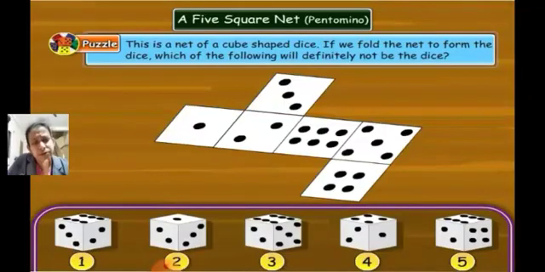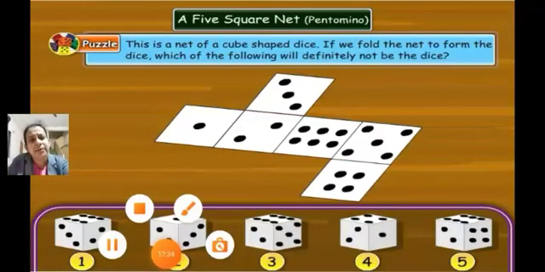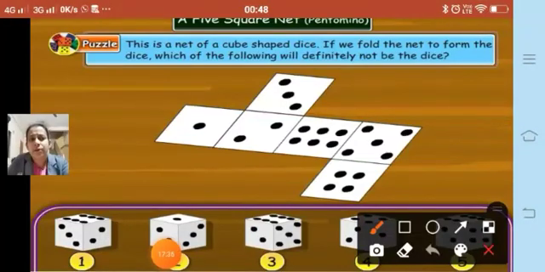What you need to do is look at the adjacent squares. Adjacent means neighboring squares. I will tell you what is adjacent.